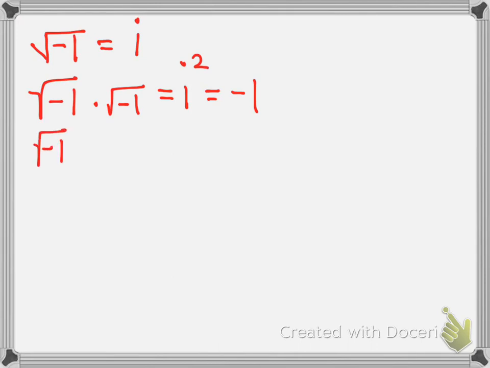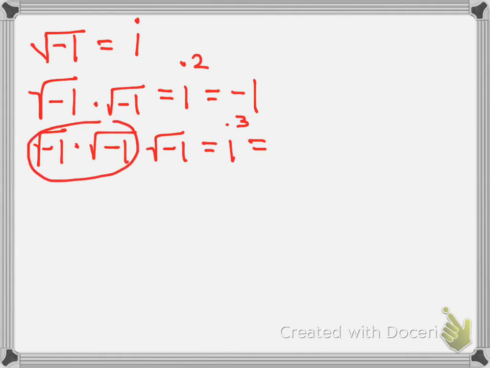Square root of negative 1 times square root of negative 1 times square root of negative 1 is i cubed, because there's 3 of them, or it's i squared, because 2 of them make i squared, and 1 more makes an i. So i squared is negative 1.